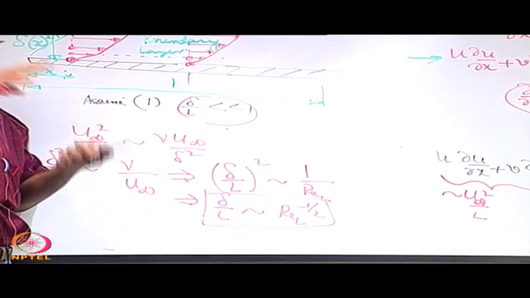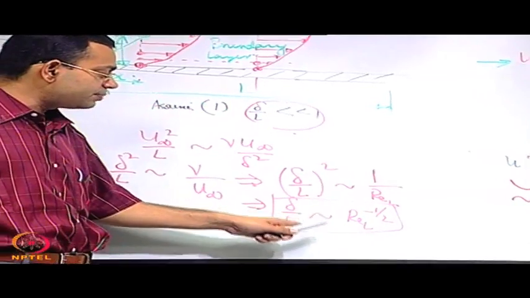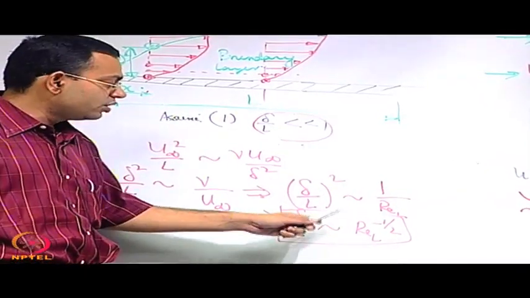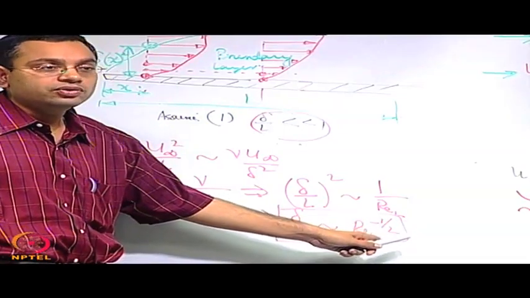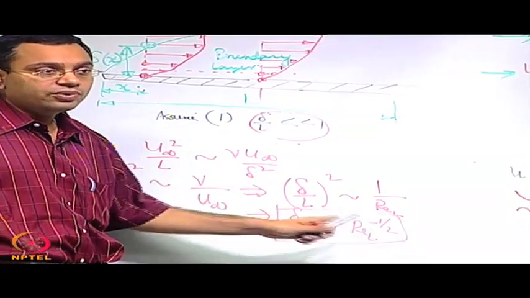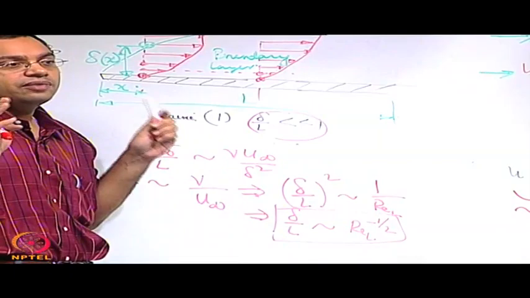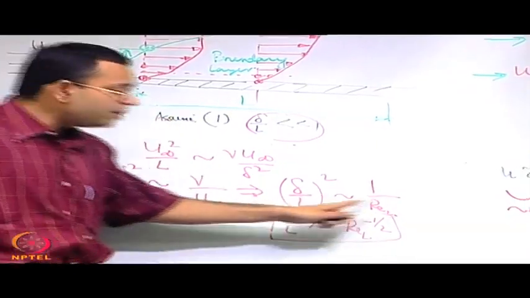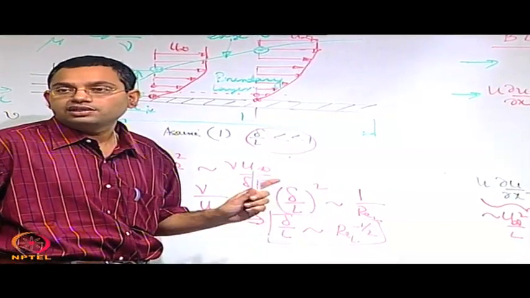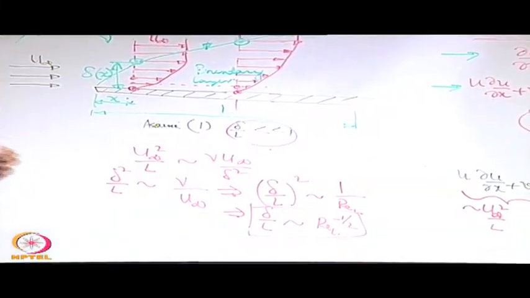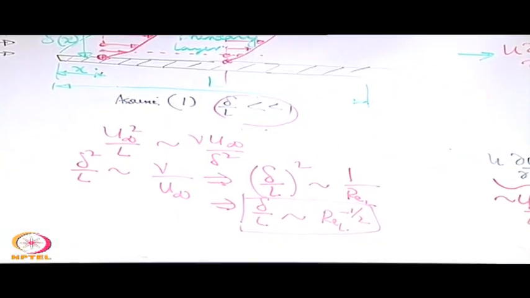By toiling very hard, at the end, when we solve the equations, we will come up with delta by L equal to some constant c into Reynolds number to the power minus half, and therefore disregarding the effect of the constant c, the dependence on the Reynolds number will still be the same as what we get from such a simple analysis, and that is one of the important powers of this order of magnitude analysis.